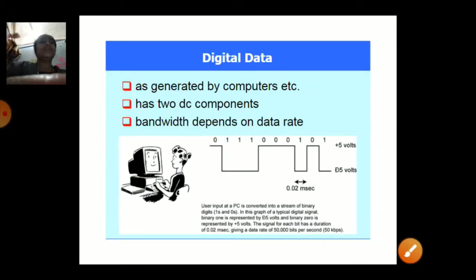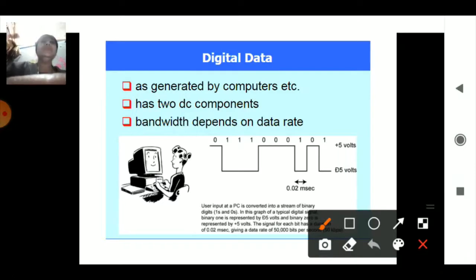When it comes to digital data, you all know digital data, whatever you are processing in any of the devices, it may be a computer, it may be a mobile, all of those generate binary signals, nothing but ones and zeros. It is between two components which have direct current that links one device to another device.